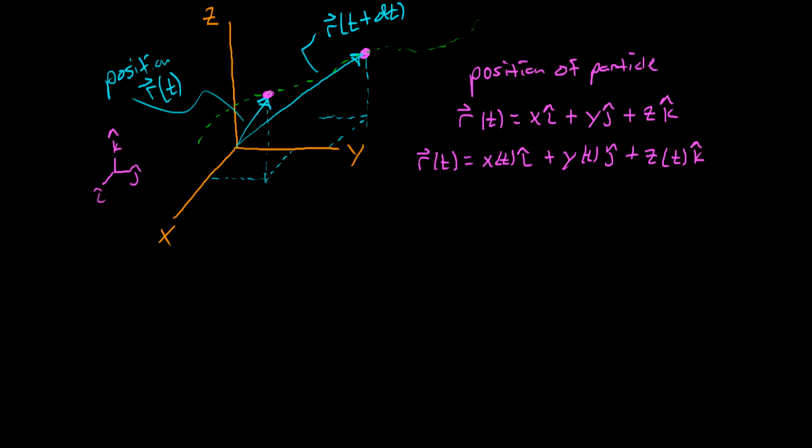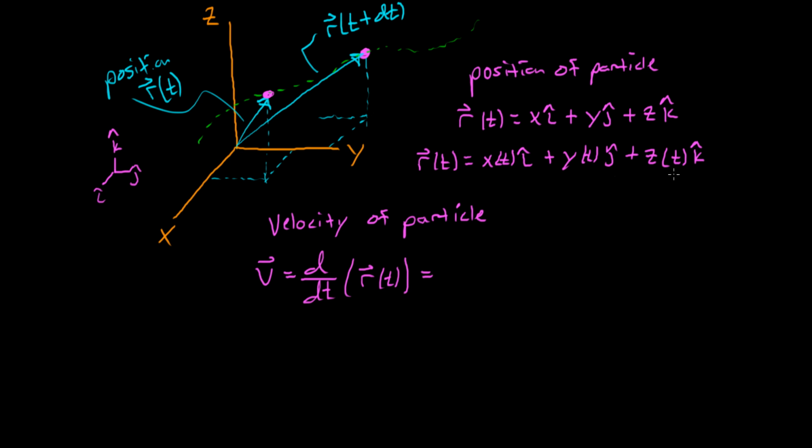So if we want to talk about the velocity of this particle, you can remember from dynamics class, the velocity is just the derivative of the position with respect to time, and the same holds true here. Velocity is equal to the derivative with respect to time of the position, which is this r of t.